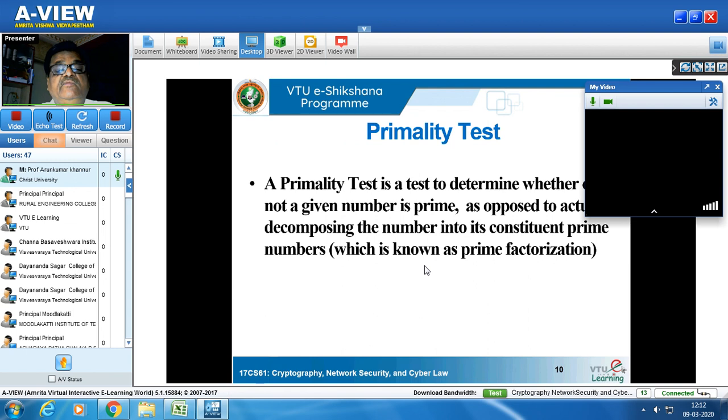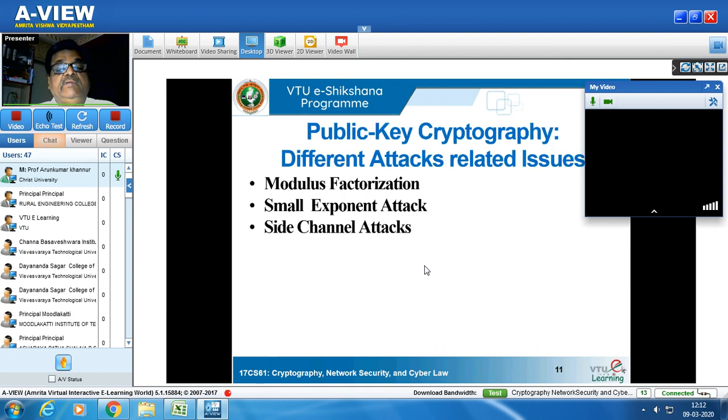It determines whether or not a given number is prime, as opposed to actually decomposing the number into its constituent prime numbers. And there will be different types of attacks taking place on the message by making use of modulus factorization, where the very mathematical operations that are being used become the focus.